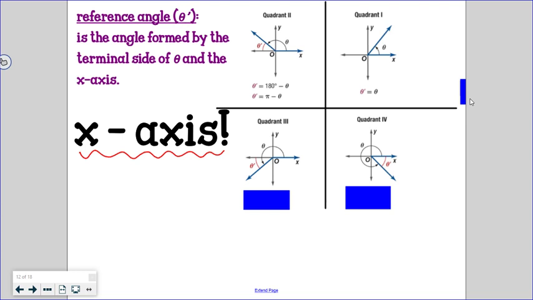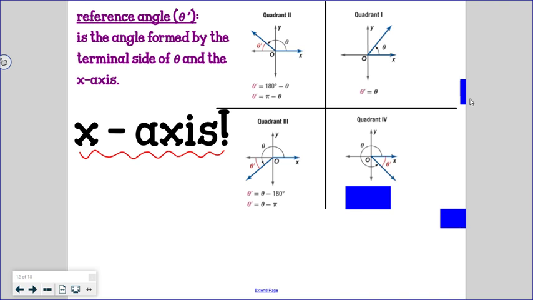or pi in radians, minus your angle. If my angle is big enough to put me into quadrant 3, your closest x-axis is still this one over here, 180 degrees, but now my angle is bigger than 180 degrees. Well, notice on the formula, they switch it. Instead of saying 180 minus theta, they say theta minus 180, our angle minus 180. Why do they do that?